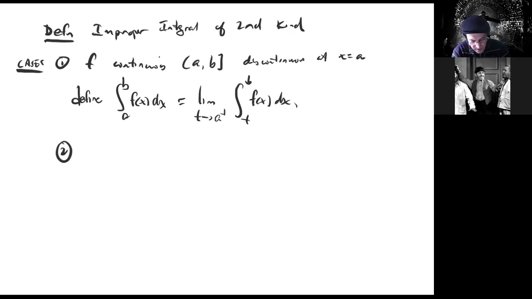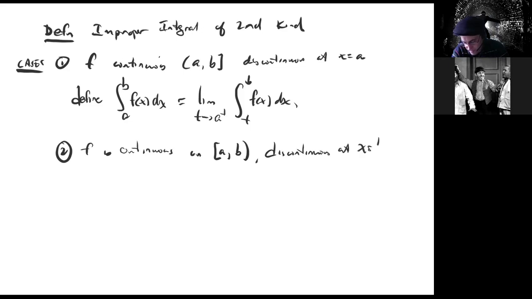Second case is f is continuous on the other half open interval from a to b, but discontinuous at x equals b.